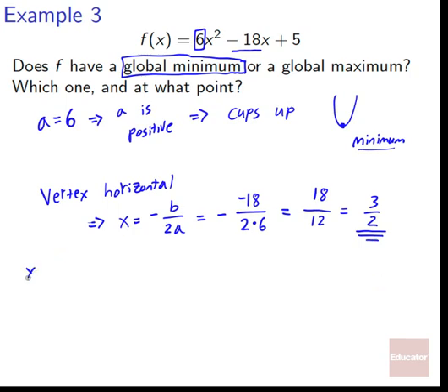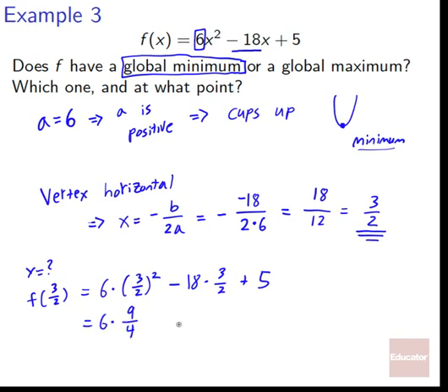And now what's our y going to be at? Well, we can figure that out by f of 3 halves equals 6 times 3 halves squared minus 18 times 3 halves plus 5. So we work through that. 6 times 9 over 4, we square both the top and the bottom, minus 18 times 3 halves. Well, we can knock that out, and this becomes a 9. So we've got 9 times 3, or minus 27, plus 5. 6 times 9 over 4, well, this is 2 times 2. 6 is 3 times 2, so we knock out the 2's.